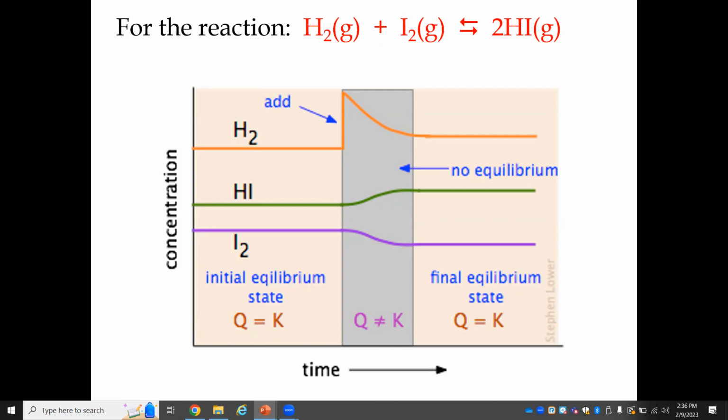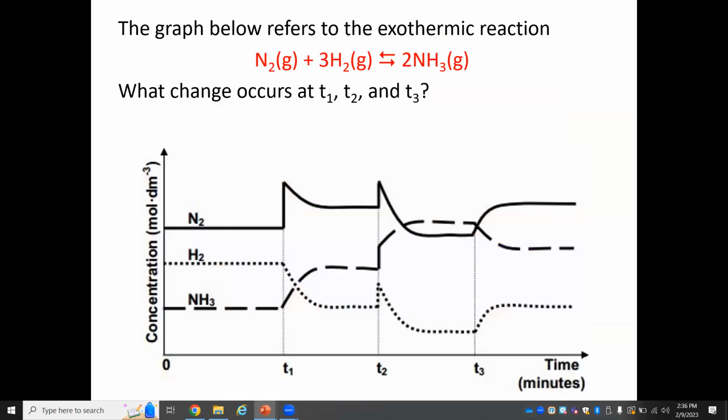So let's look at a graph where it's going to ask us what change occurs at different points in time. So here it says we have the graph below refers to the exothermic reaction of nitrogen and hydrogen producing ammonia. And remember, it told us this was exothermic. So remember, heat is going to be on our product side.